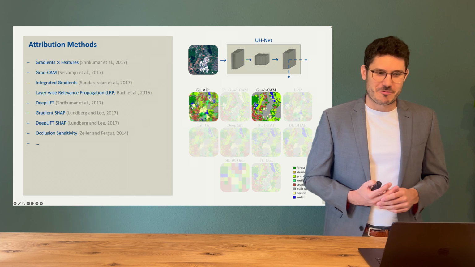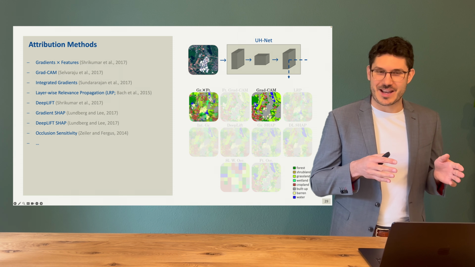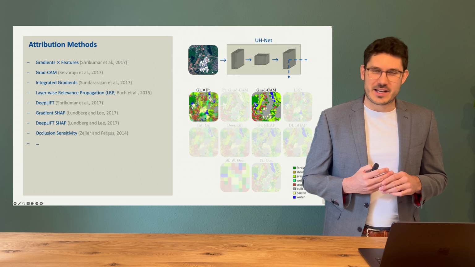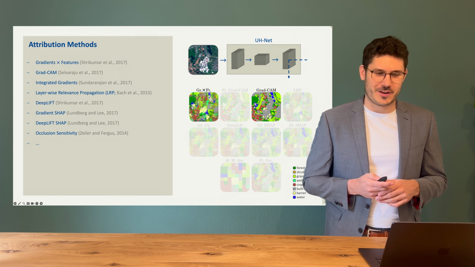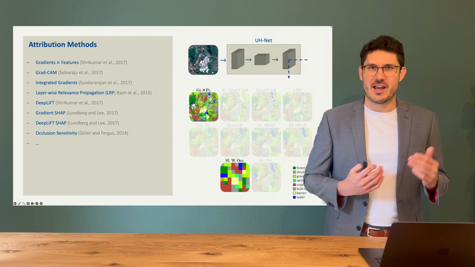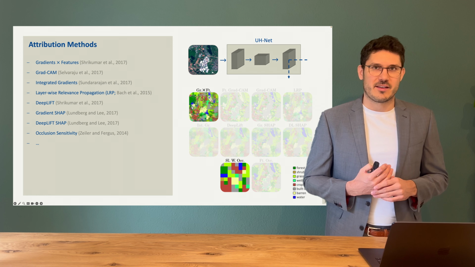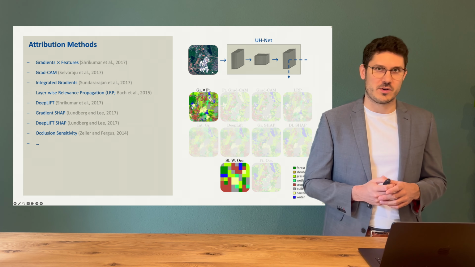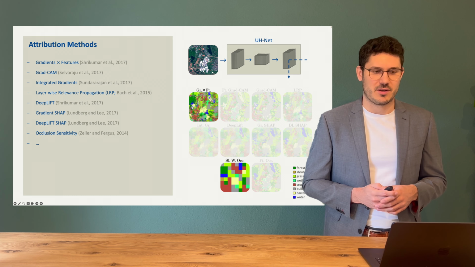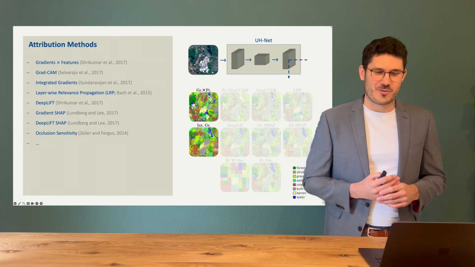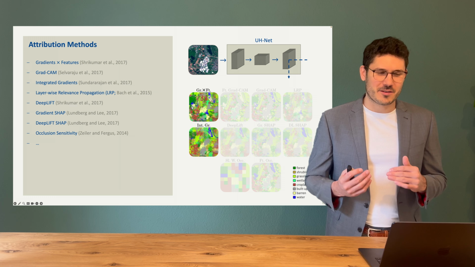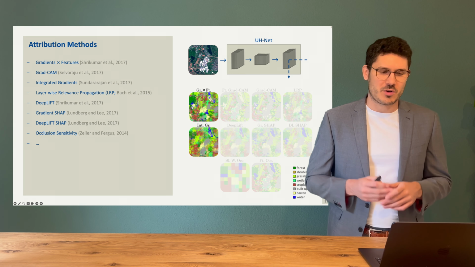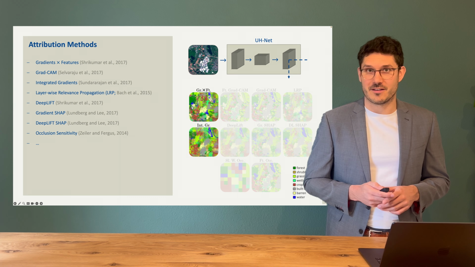To give you some examples, if you compare gradients times features with Grad-CAM, you can see that gradients times features is much more noisy. If you compare it with sliding window occlusion, you see that the resolution is lower because of the patches with which you have occluded the feature map. And if you compare it with integrated gradients, at first look it might look similar, both are noisy, but if you look more closely you can see significant differences.